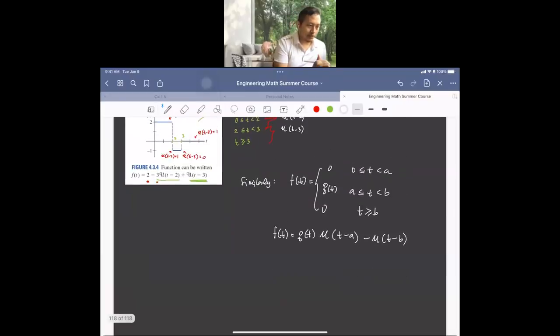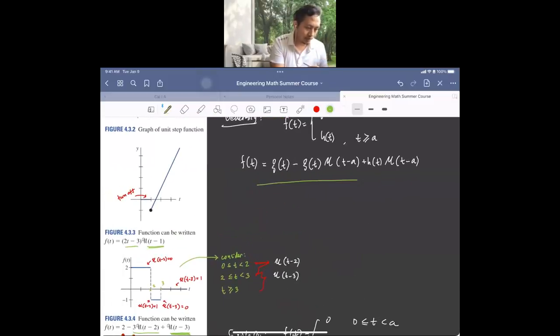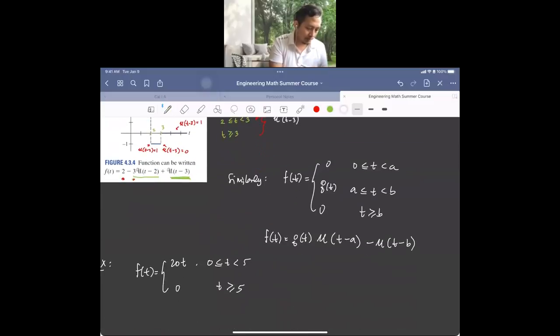We can try. So for example, let's say we have this. We can write it as our correlations here, which we have 20t.